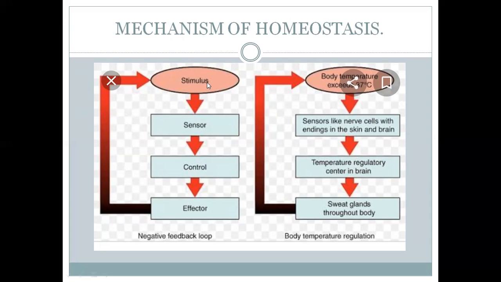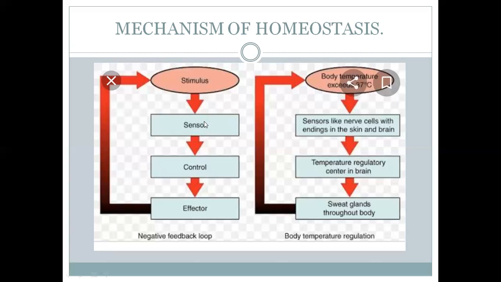This stimulus is received by the sensors of the body. This is the way in which the homeostatic mechanism is going to work. Then that message is transferred to the control center of the body, which in animals is mainly the brain, and in most cases the hypothalamus.